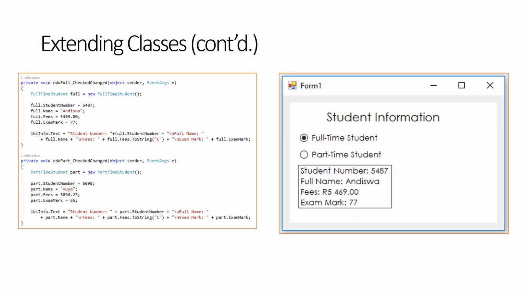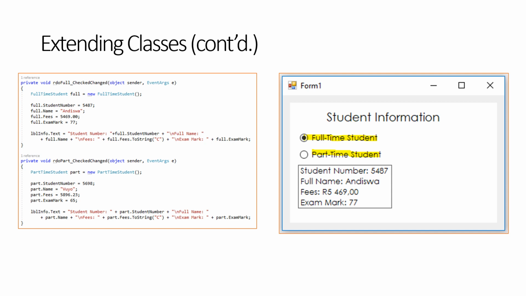Now here's our example. So over here we've got a form, and our form has a radio button for full-time student, and there's a radio button for part-time student. So when you click the radio button for full-time student, you're going to display the information that is related to a full-time student.